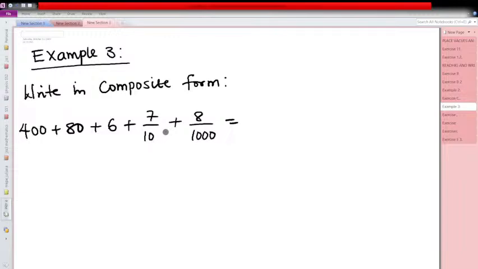There's no place value of hundreds before thousand. So I'm going to write this as 486.708 because this is the place value of tens. There's no place value of hundred, but there's a place value of thousand. So you write it in this form.